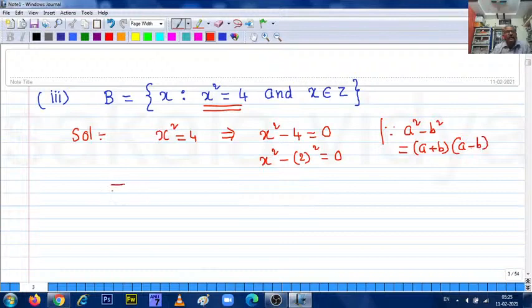So now we have x plus 2 into x minus 2 equals 0. So we get x plus 2 equals 0 and x minus 2 equals 0.